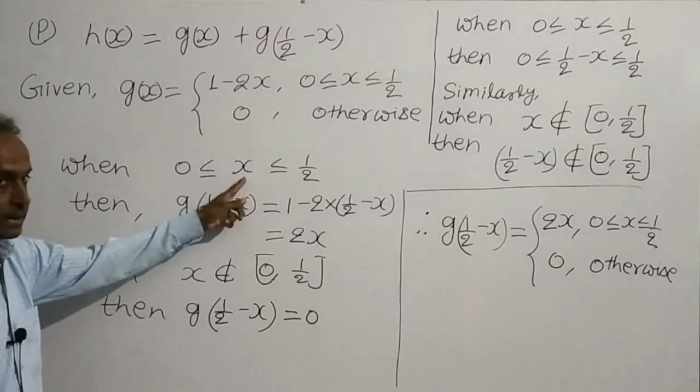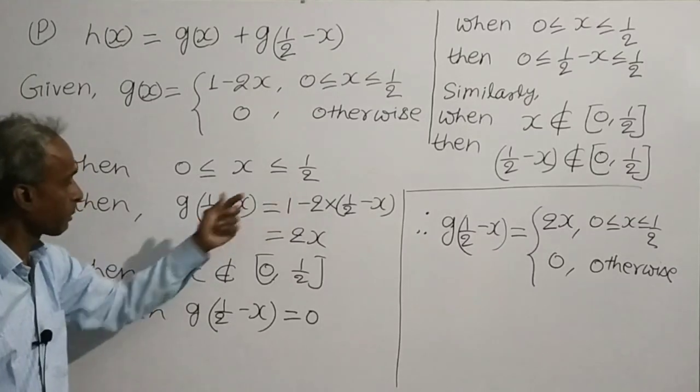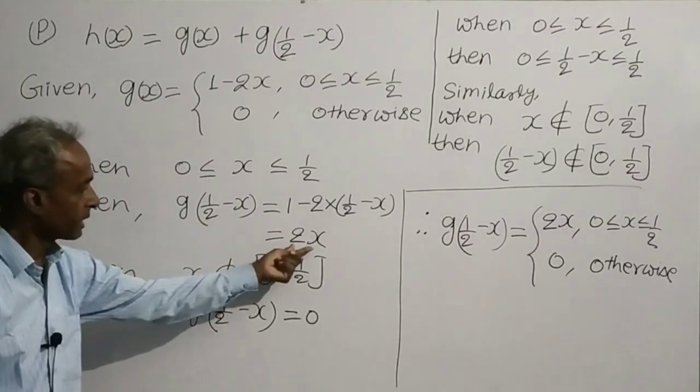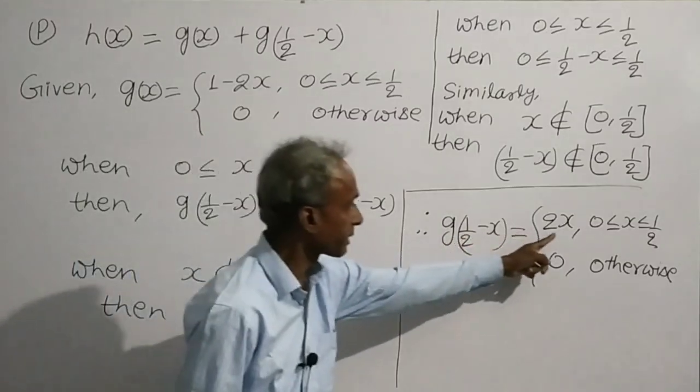Therefore, when x lies in this interval, then G of 1 by 2 minus x is equal to 2x.